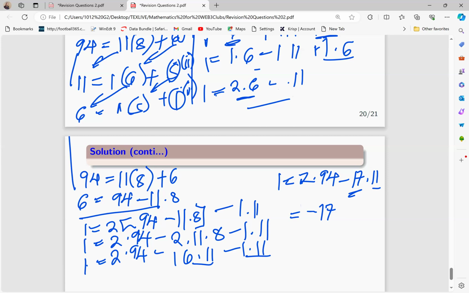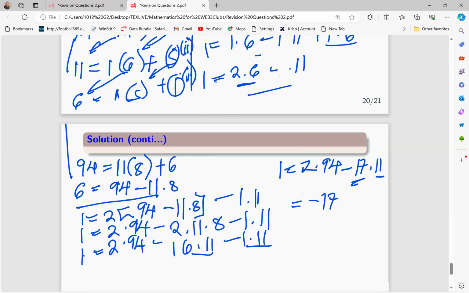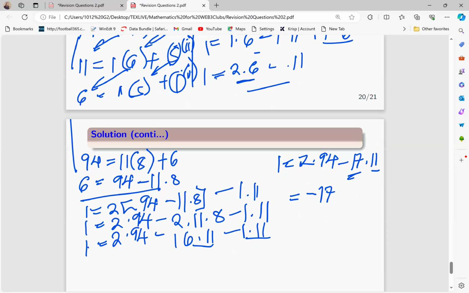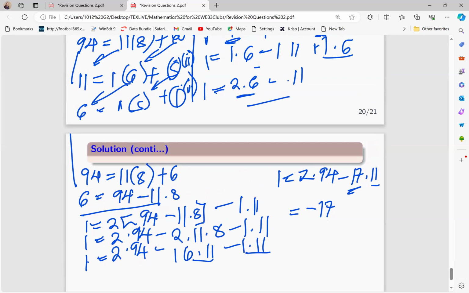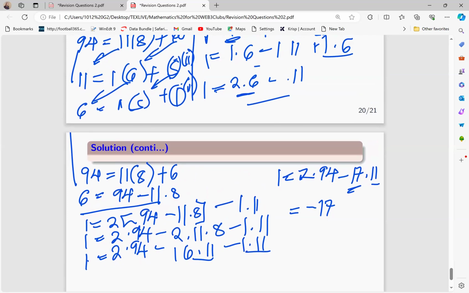The inverse. What do you multiply by 11 to give you 1? Okay.